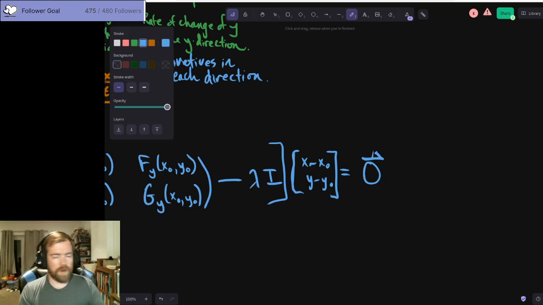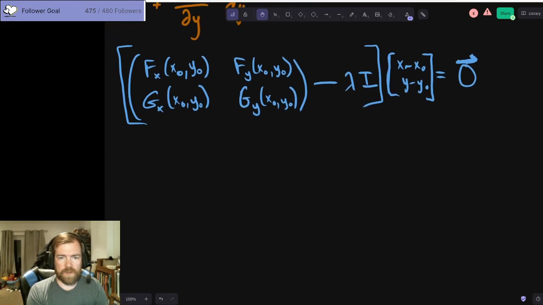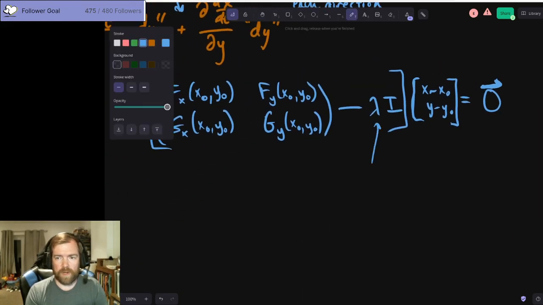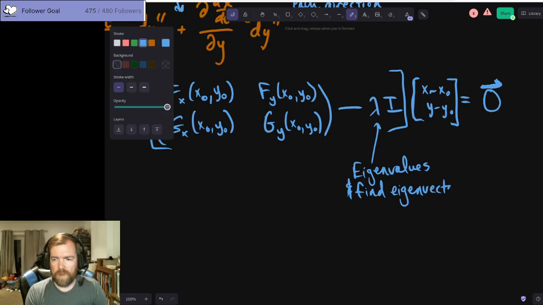And therefore, what are we going to get? If this is going to be approximated by a linear system, then we're going to be looking for eigenvalues and eigenvectors, and then we're going to find our approximate solution.